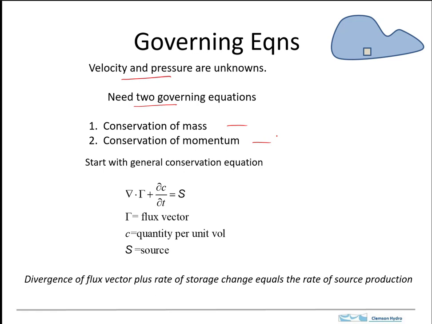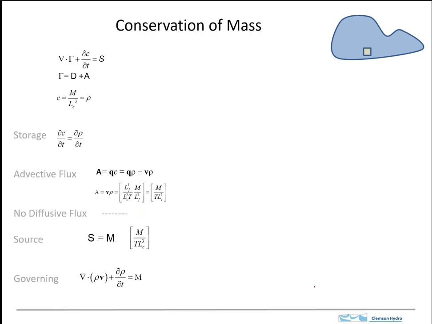So we can start with the general conservation equation that I show here, the divergence of the flux plus the rate of change of storage of this quantity C is equal to a source term there. So this is the statement of the general conservation equation, and we talked about that earlier, so we're just going to assume that that's okay and that'll suffice as a starting point.